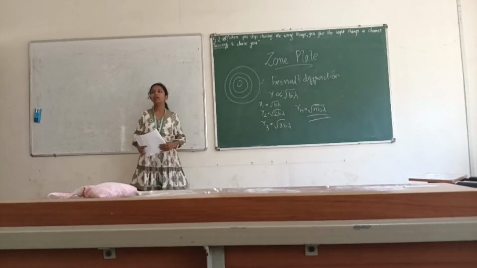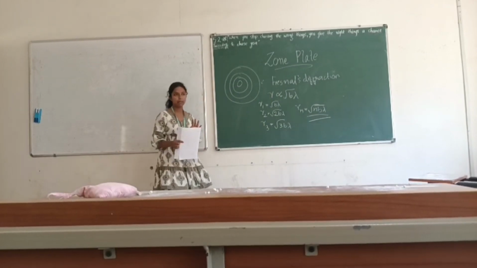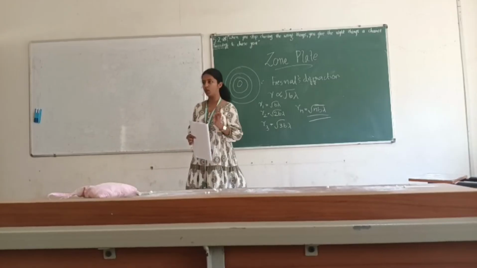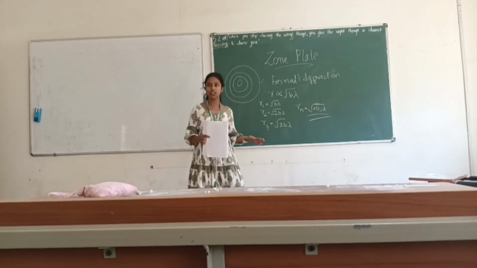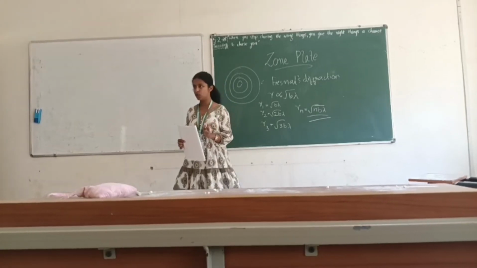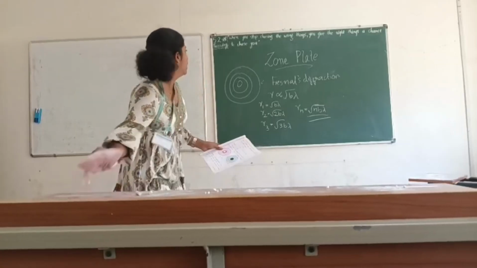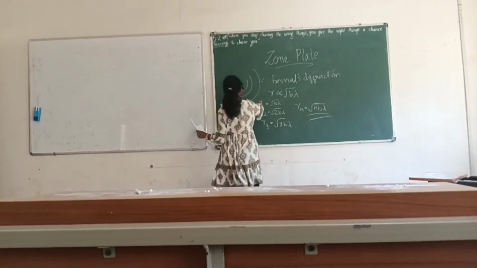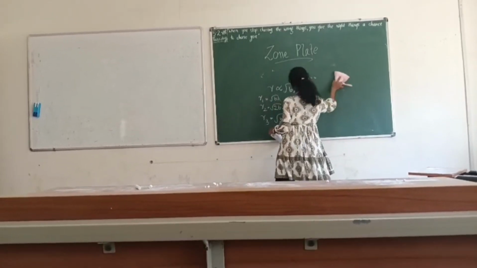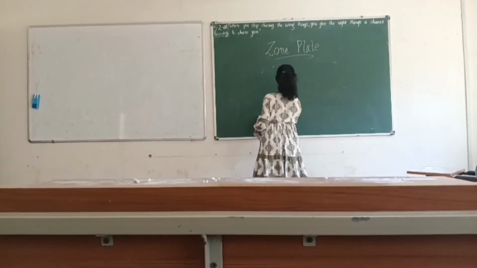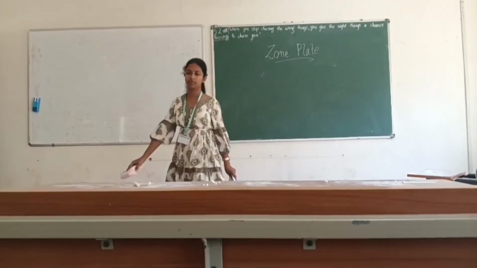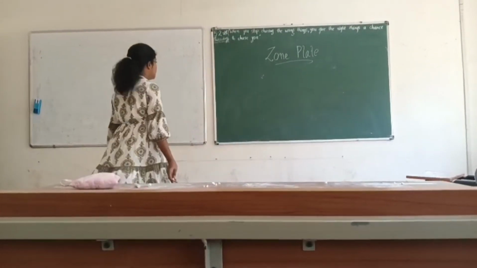Now we are going to discuss different types of zone plates. There are two types of zone plates: one is positive and the other is negative. So we can discuss that.